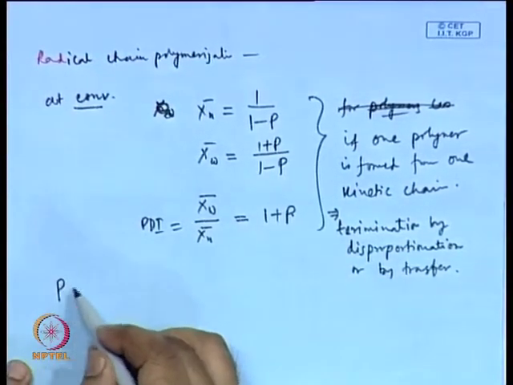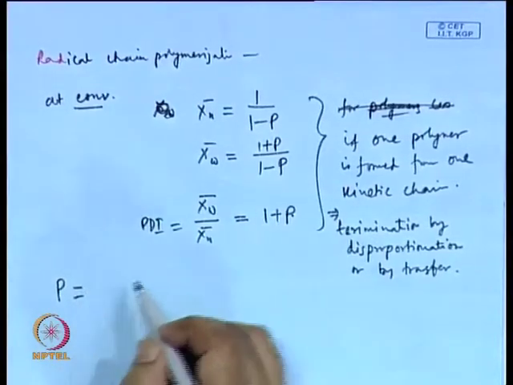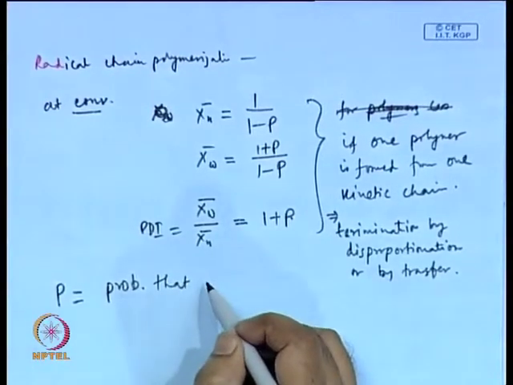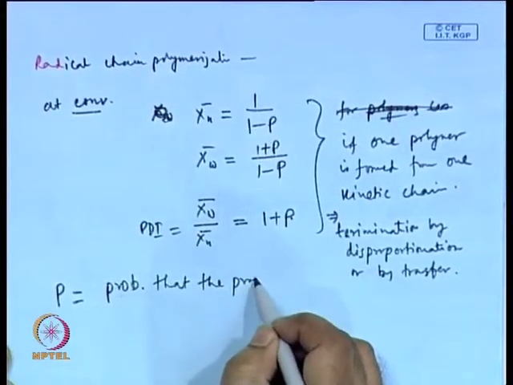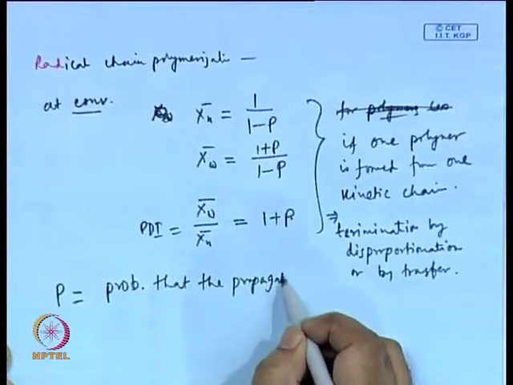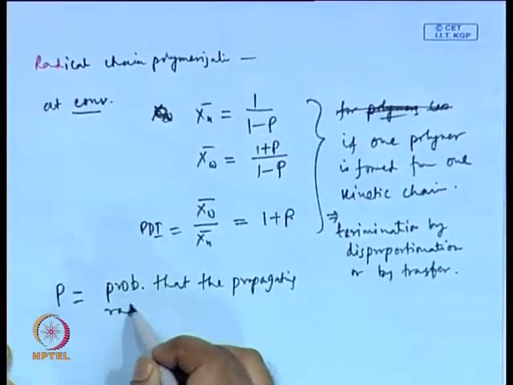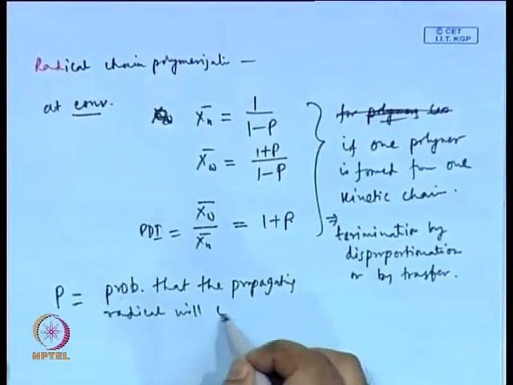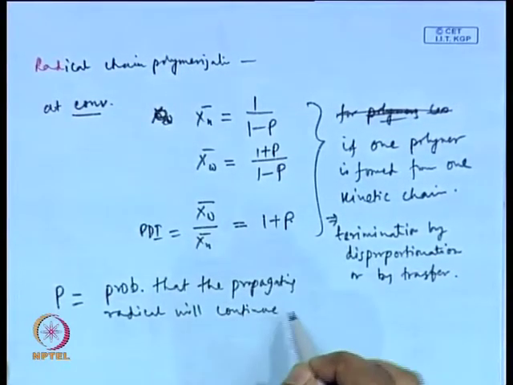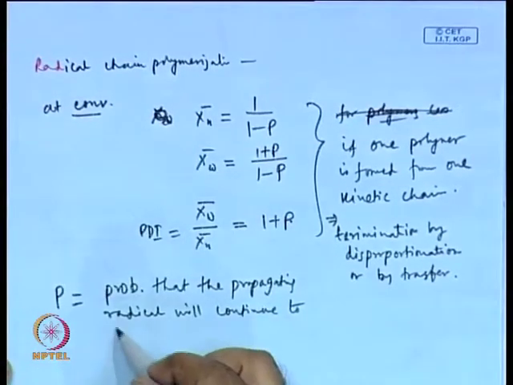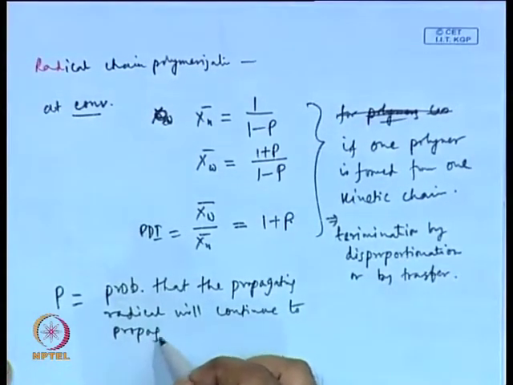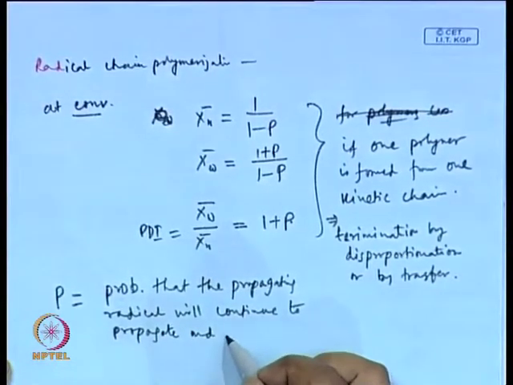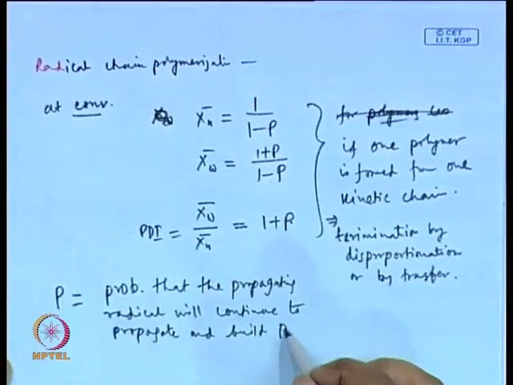Now, in this case P is the probability that the propagating radical will continue to propagate and build polymer.